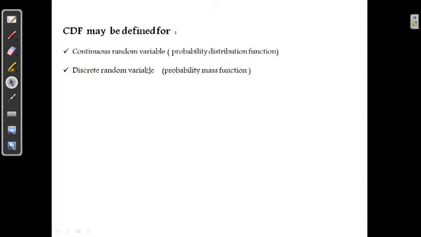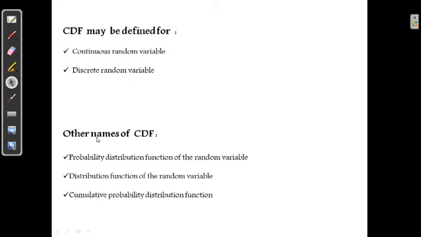If it is continuous we call it the probability density function. If it is discrete, we call it the probability mass function. You just need to know the other names which are used for CDF. Wherever the word distribution comes, probability distribution function, cumulative probability distribution function, what does it mean? Cumulative. If density comes, it is probability density function; if mass comes, it is probability mass function. Clear with that?